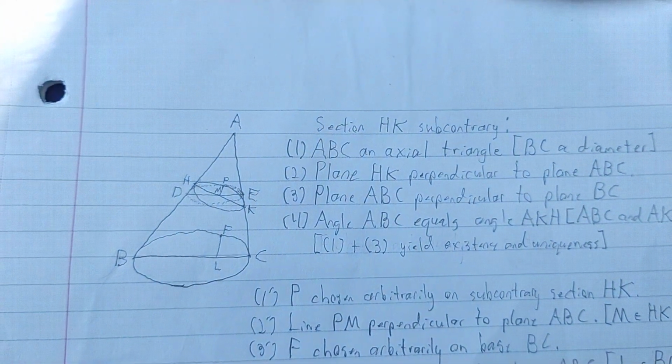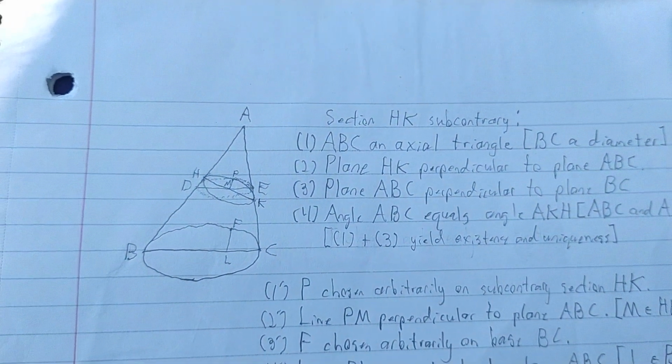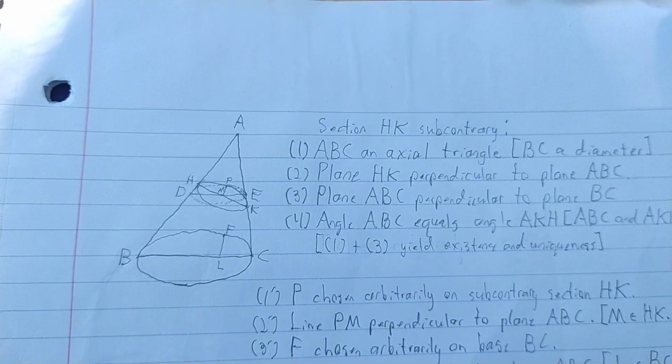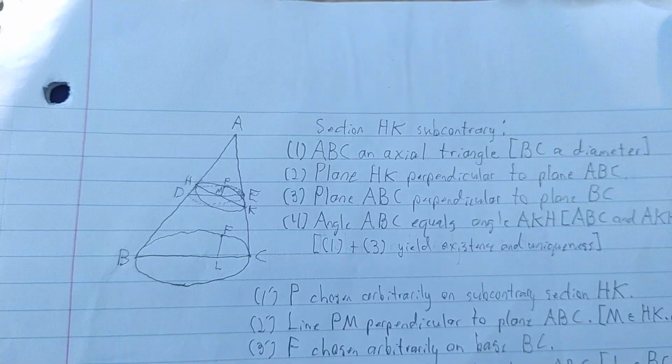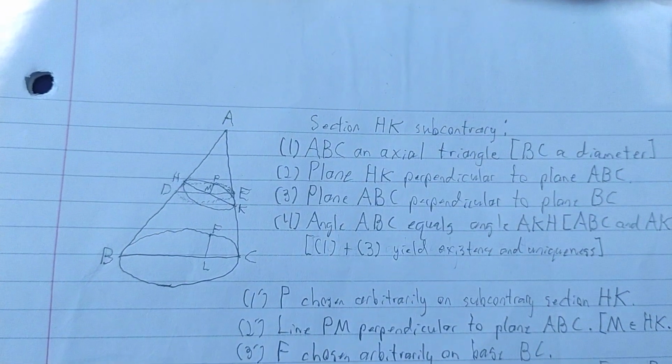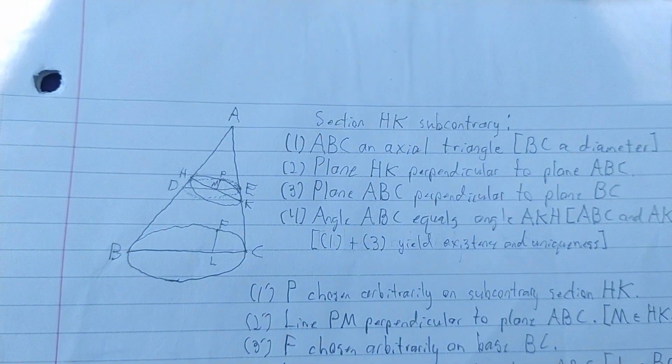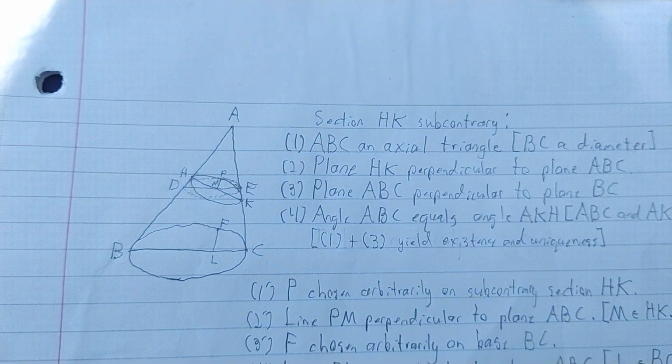Hence the ratio of HM to DM is equal to the ratio of EM to KM. Hence the rectangle HM·MK is equal to the rectangle DM·ME. But the rectangle DM·ME is the square on PM. Hence the rectangle HM·MK is the square on PM.